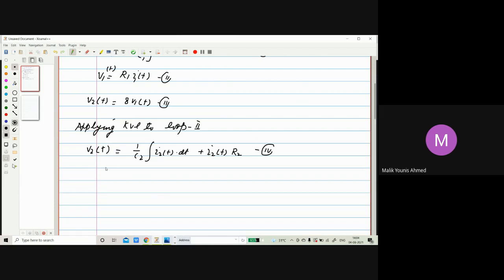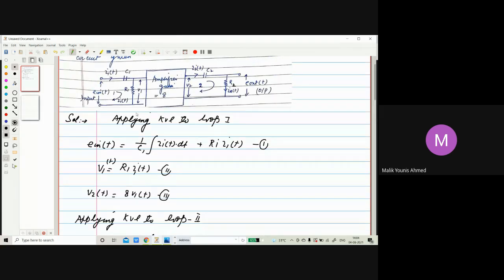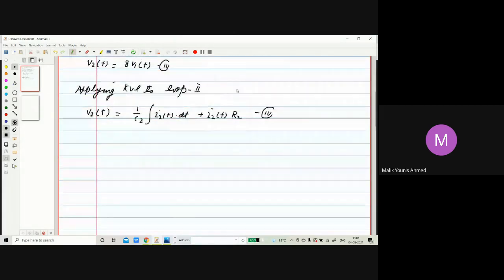And then we can very clearly see that output voltage E out will be current flowing through this multiplied by the resistor R2. So E out of t will be R2 times I2 of t. That should be equation number 5.